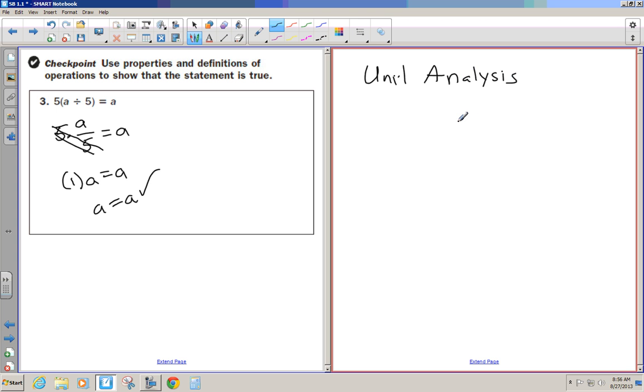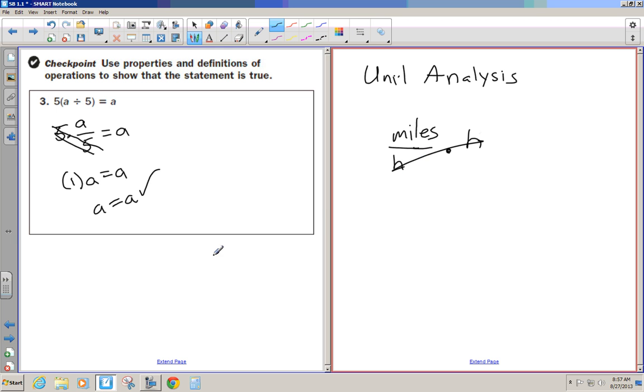With unit analysis, you have to be able to look at just the units to determine how you're going to solve something. What that means is, if we're going with miles per hour, and you want to find how many miles you went, well, you would multiply by hours because that would cancel you out.